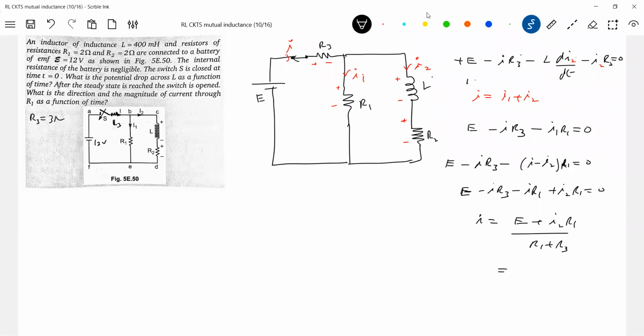E is 12. Let me substitute the values, otherwise it becomes lengthy. This will be 3I, self-inductance, let me write L only, di2 by dt. R2 value is 2 ohm, so 2 I2 equals 0. There's one equation.